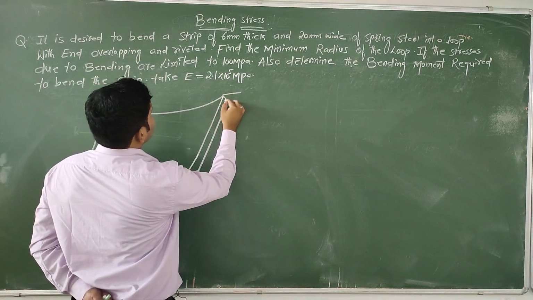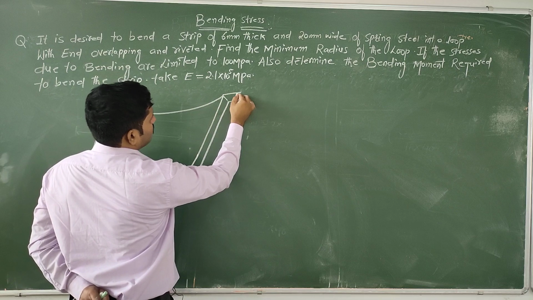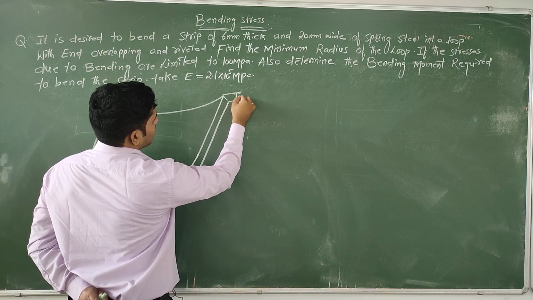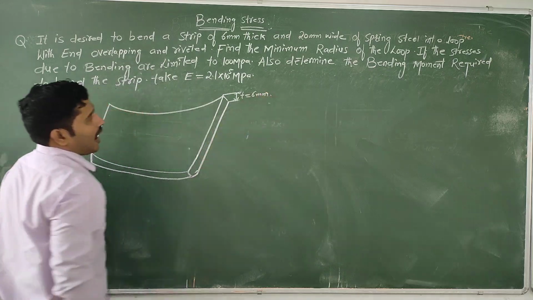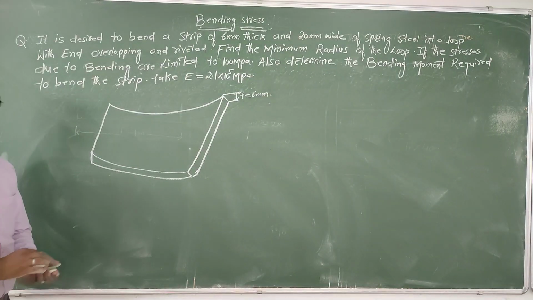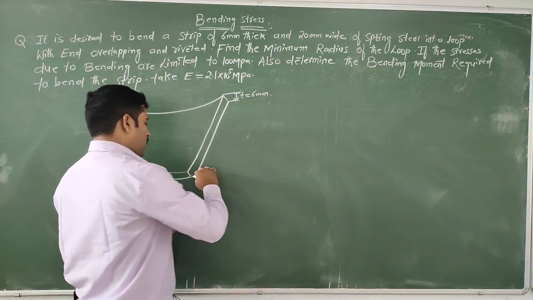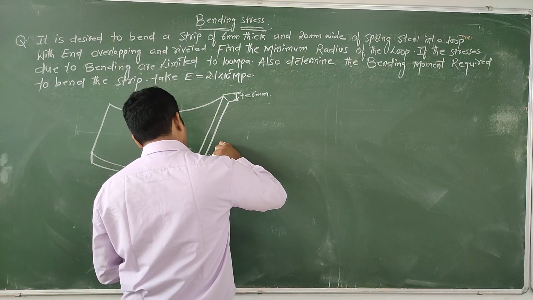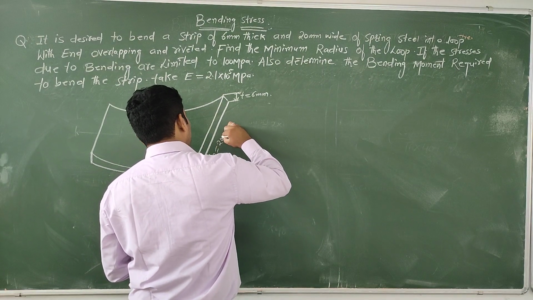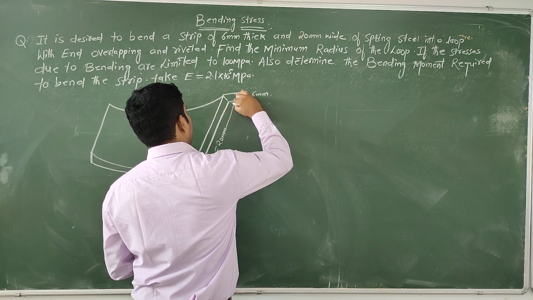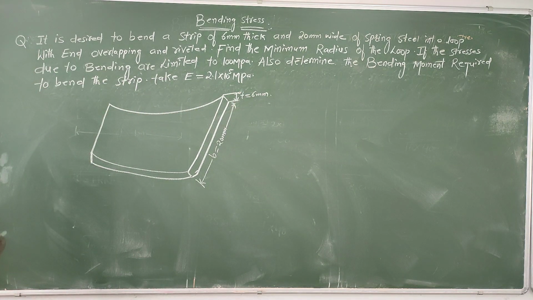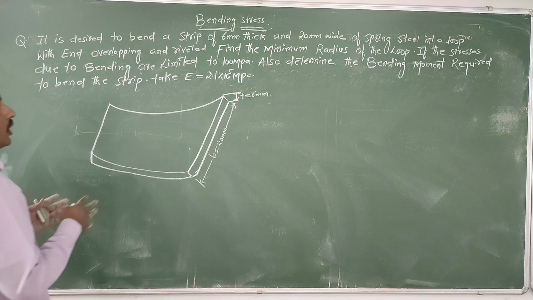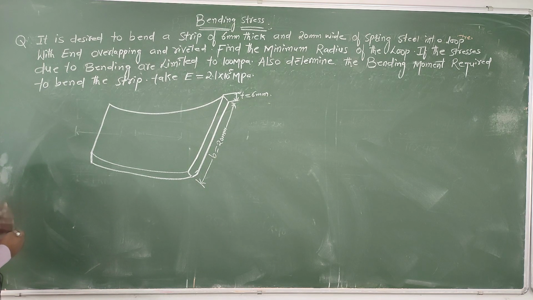The thickness of the strip, how much is given here? It is given as t equal to 6 mm thick and 20 mm wide, so b equal to 20 mm wide, of spring steel bent into a loop with ends overlapping and riveted.